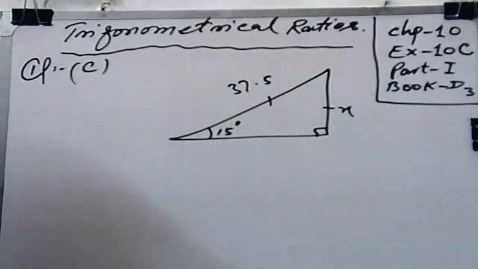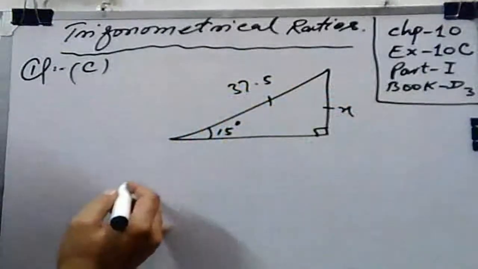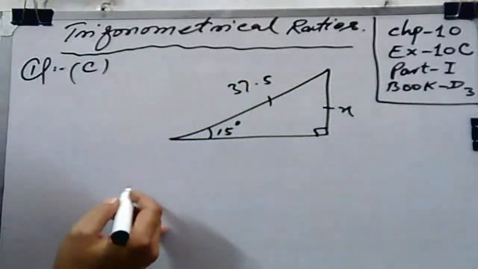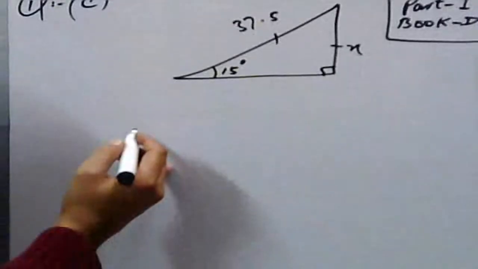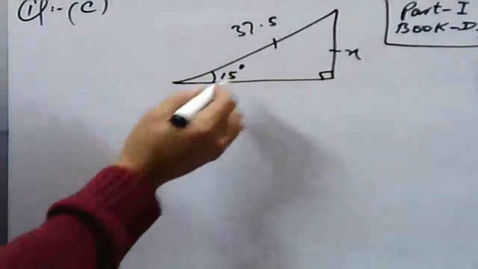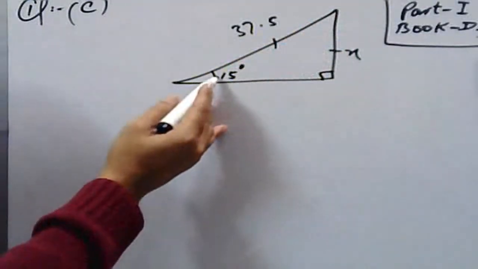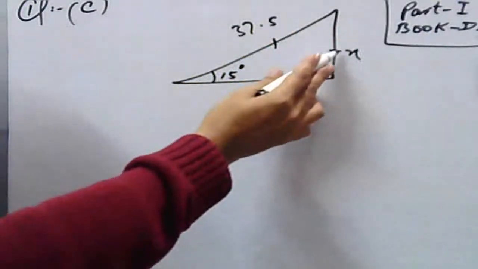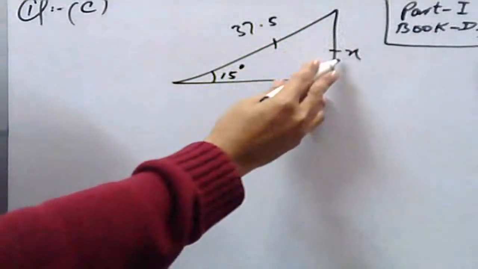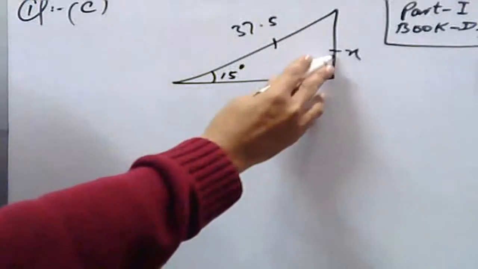So known side and unknown side, so what is the ratio between them? You can see here, the unknown side is your perpendicular. When you take this angle, in front of it is your opposite side, which is known as the perpendicular side, and that is your hypotenuse.